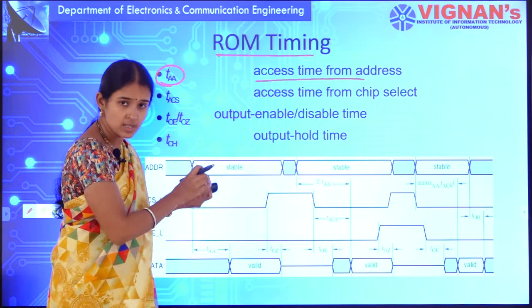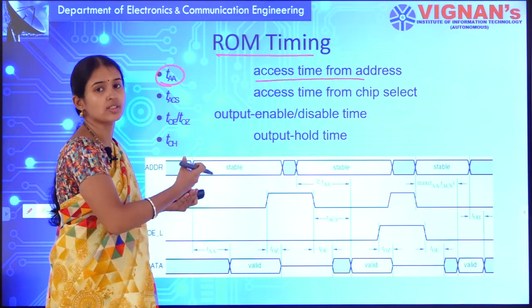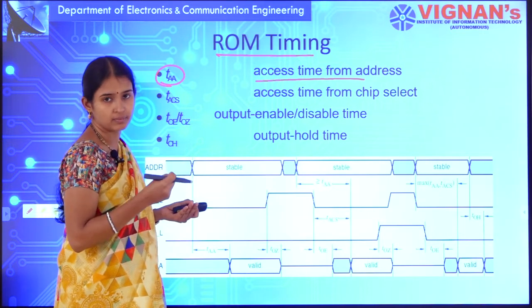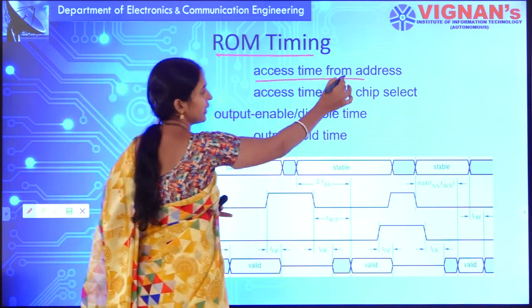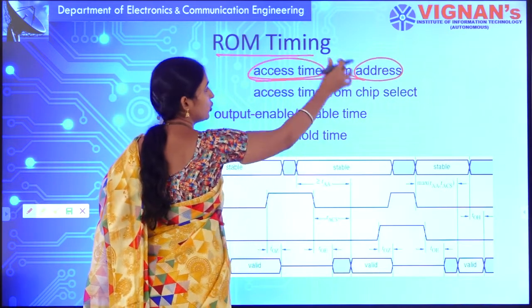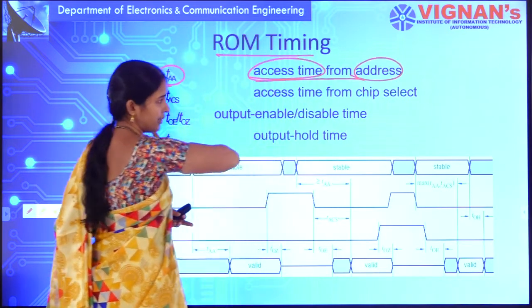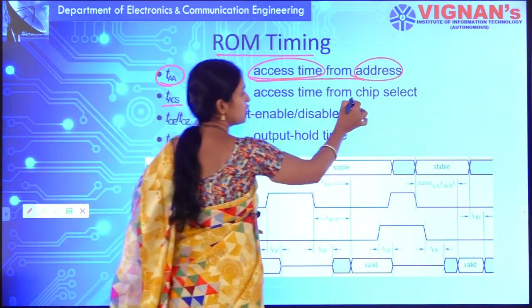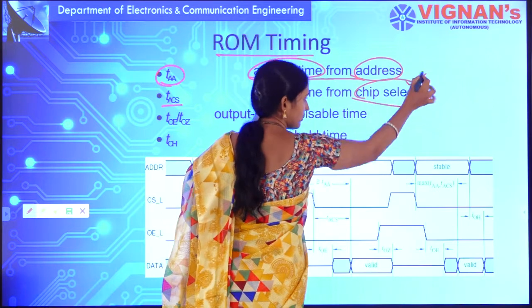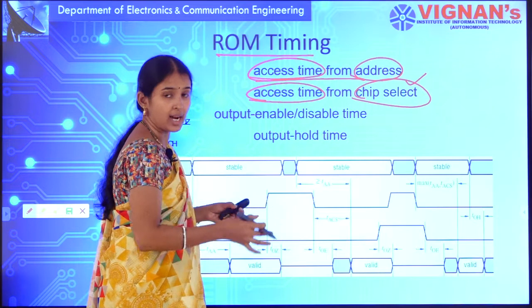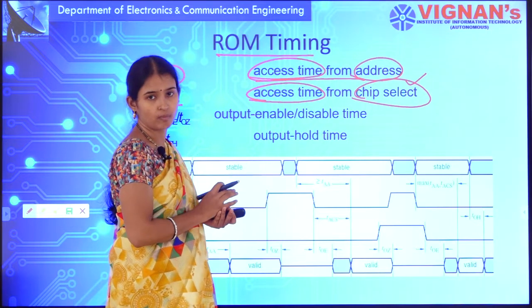Okay, as the address is provided, how much time does it take to access the data from that particular address? That is access time from the address, as well as access time from the chip select. That means you are selecting that particular chip, and how much time does it take to read the data after the chip is selected?